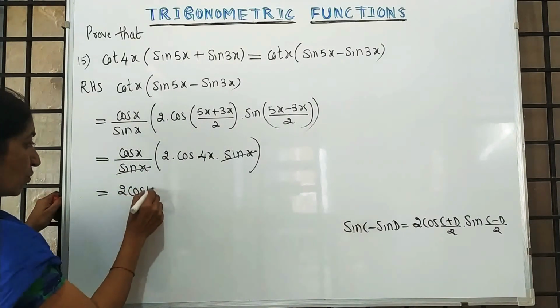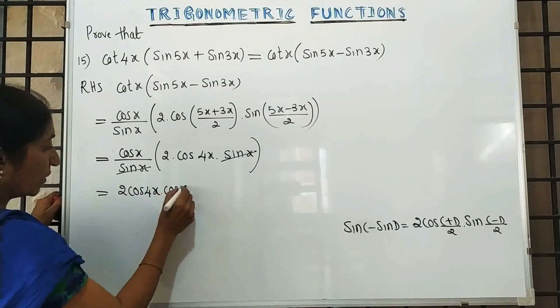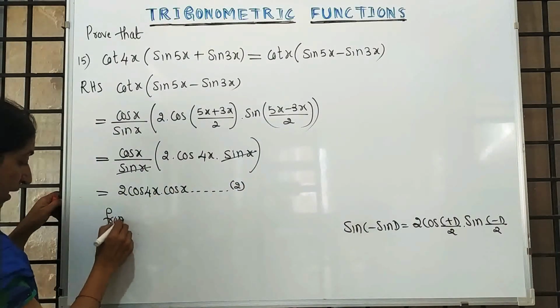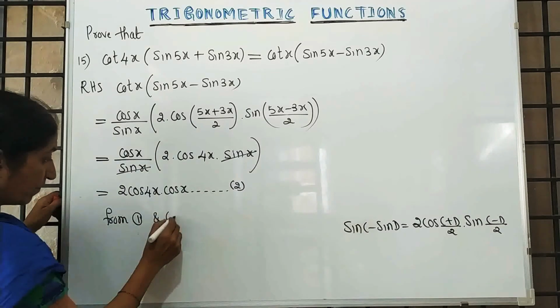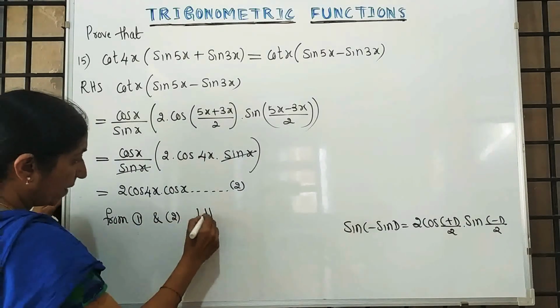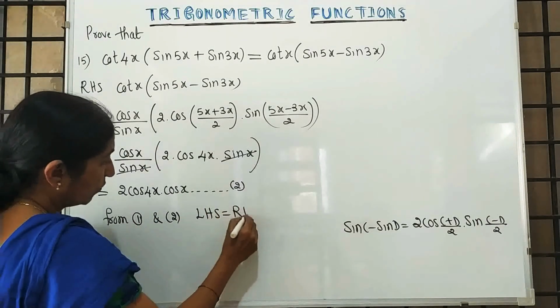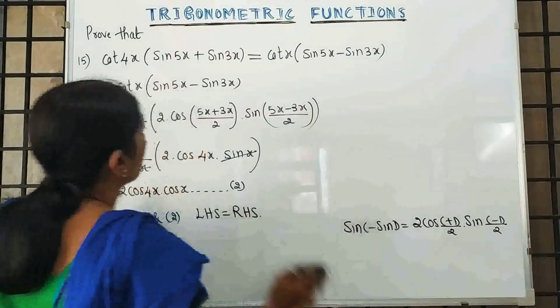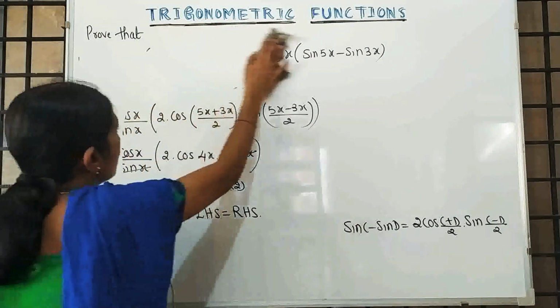It is 2 cos 4x into cos x. Equation 2. From equation 1 and 2, LHS is equal to RHS. So is it simple or what? Yes. Moving to the next question, question number 16.